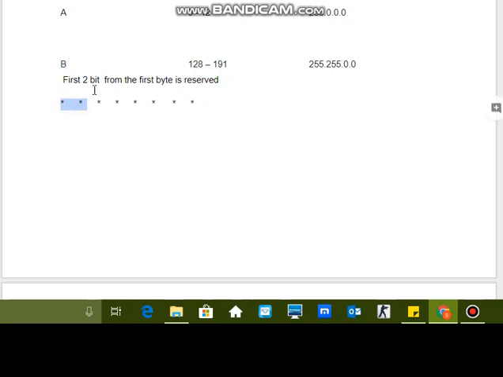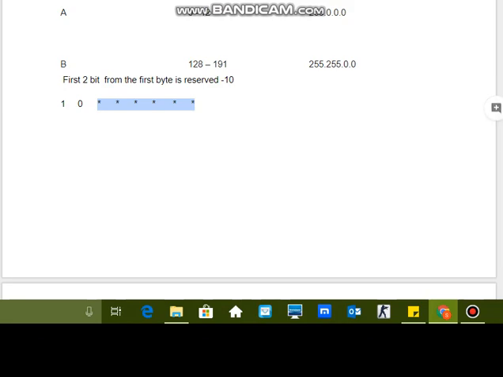The first 2 bits are reserved, and the reserved bits are 1 and 0. So this bit will be 1 and this bit will be 0. The rest ranges from 0 to 1. On the first side it will be 0 and if we come down it will be 1. This won't change.